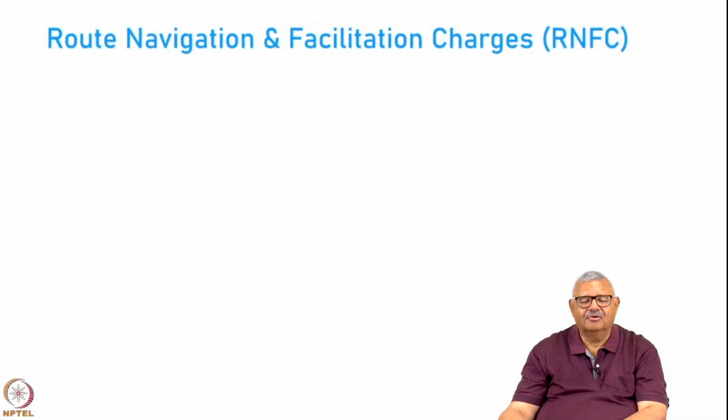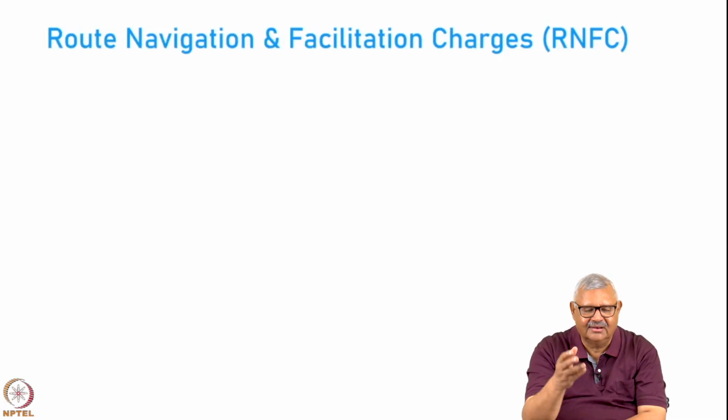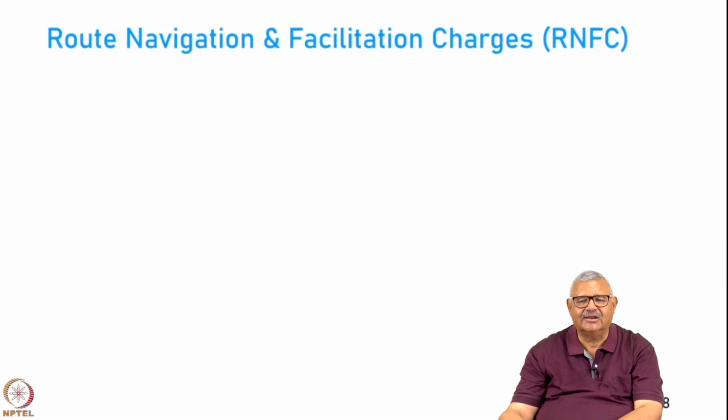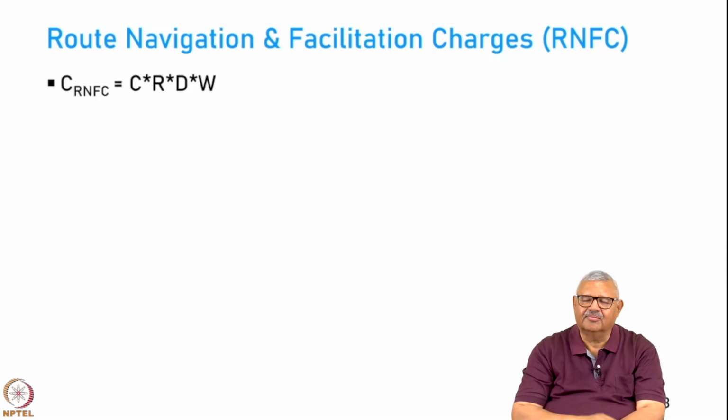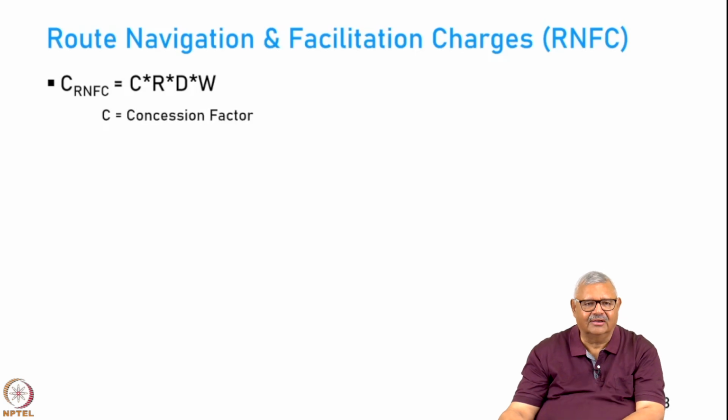Okay. So, my understanding is that these charges are already included in the TNFC in India for small aircraft operating on domestic routes. But for RNFC, there is a formula which is a product of a concession factor C, into the range factor, the distance factor, and the weight.